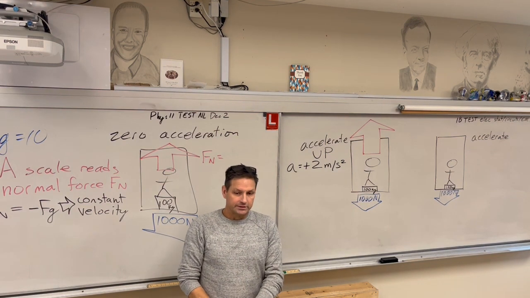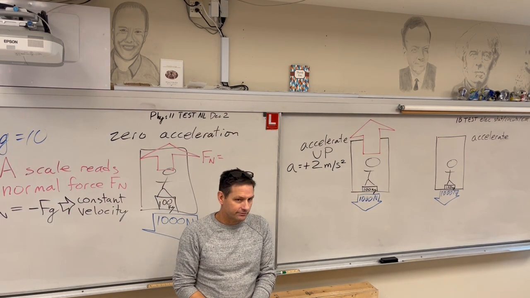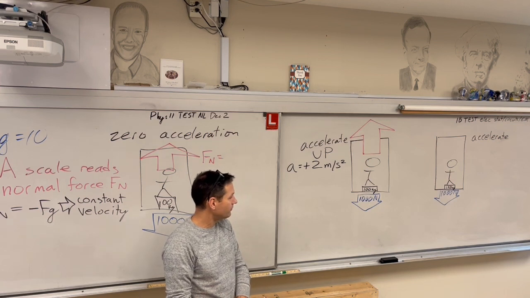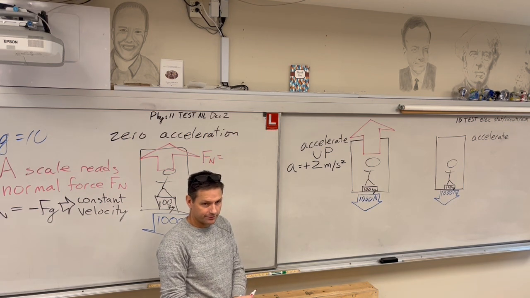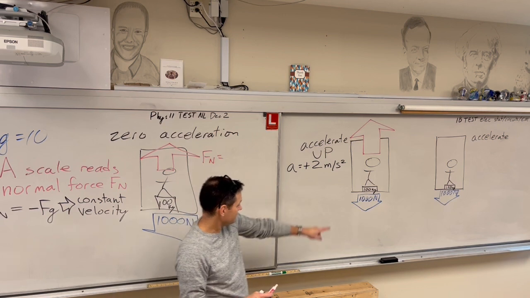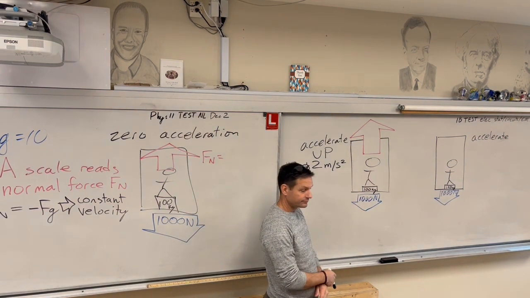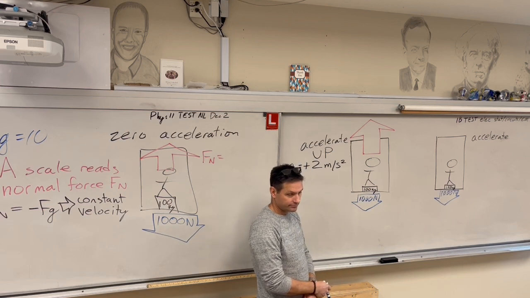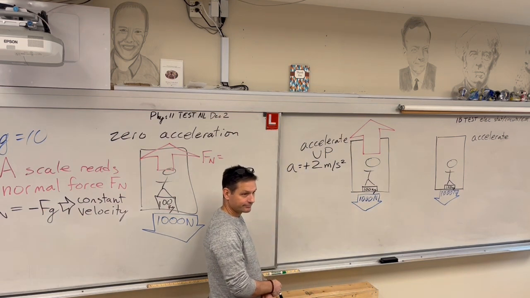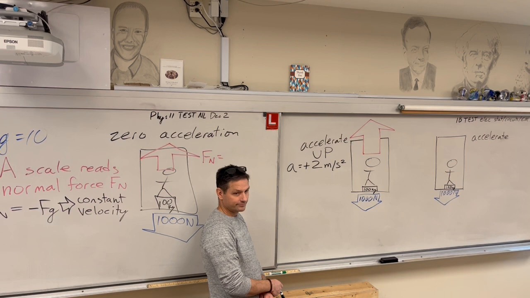Now you take a second, figure out what your normal force would be. Doesn't that mean that gravity has to be negative? Yes, we would say this is negative. How much does he weigh? 100 kilos. 1,200. Good.